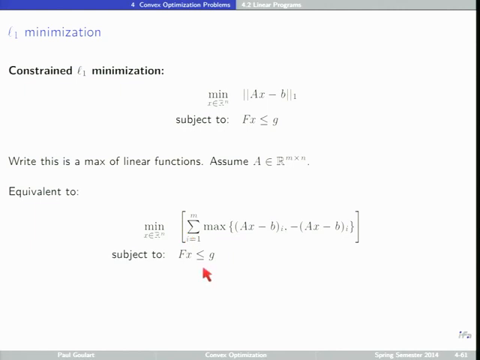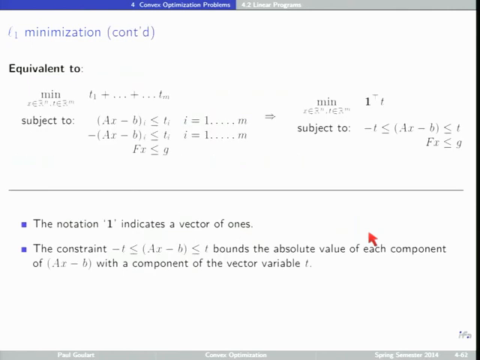And I still have my polyhedral constraint. So now this is, instead of just a max function, a sum of max functions. And so instead of bounding from above this whole thing by a single number t, what I should do is bound every component from above with its own number t_i.